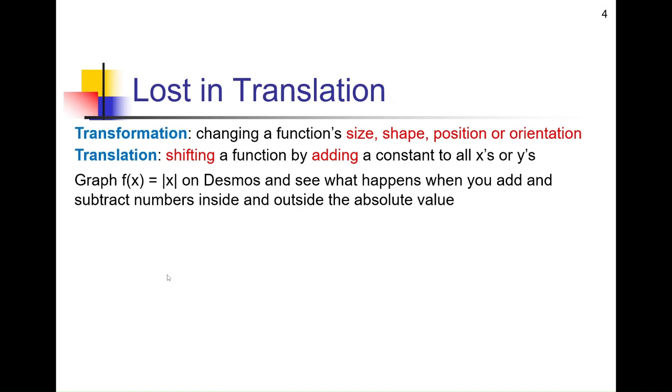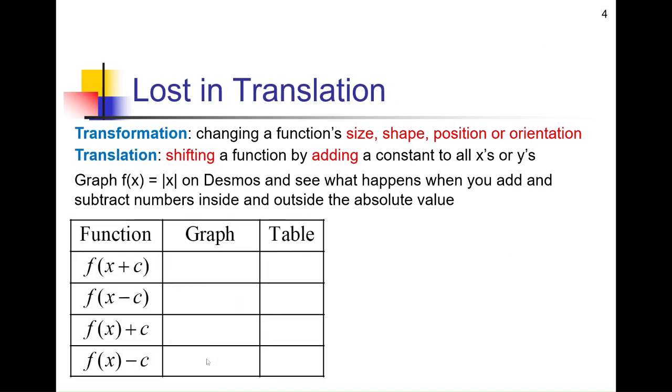So just to pull all that together and organize the information, here's a little table that we're going to fill out. So let's say that we have a function like absolute value and we add a number inside of it. Now we saw on the graph that adding something actually moved us to the left. It was a left shift. Now in terms of what I would have to do if I were to take the x and y values of the parent function and do something to them, if I'm shifting left, I'm basically subtracting something from all the x values.